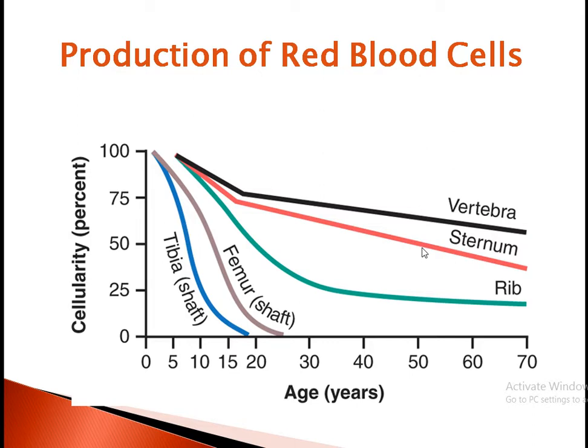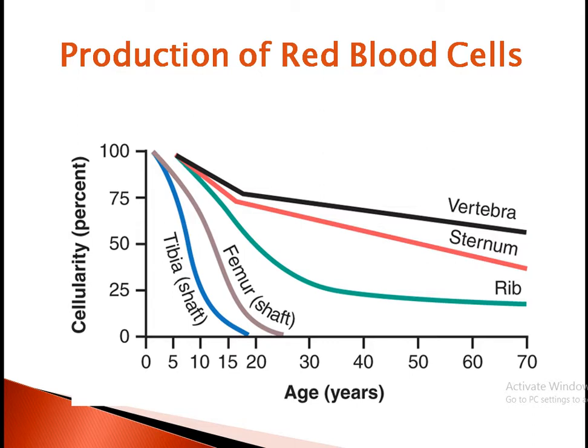And through this graph, we can see the age in years below, and this is the cellularity percent. As I have said, after birth, the production of RBC is mainly in the bone marrow.